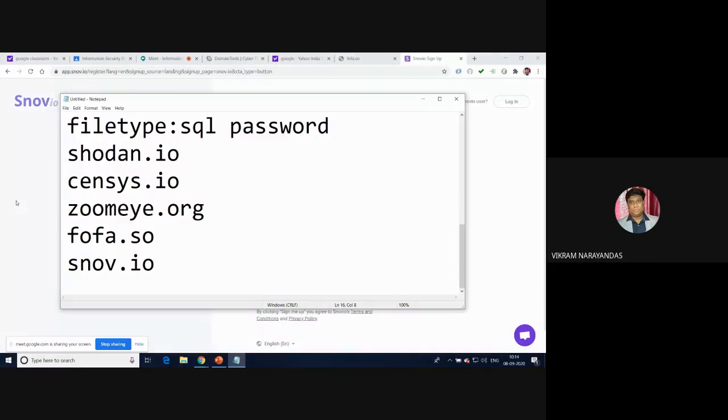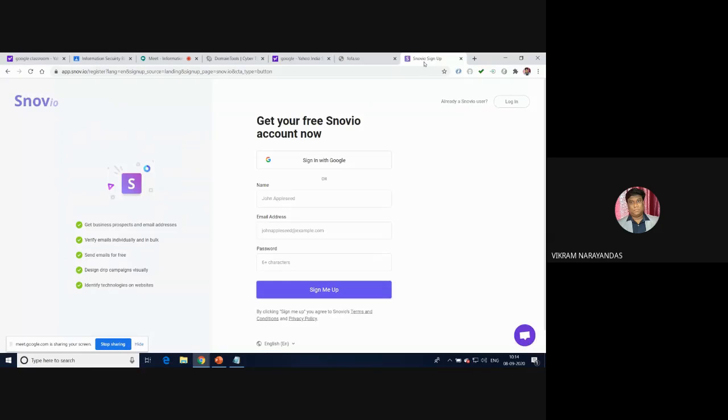For this, if you want to list the people's information, go for this site. You can create your account with Google, sign in with Google. So how many digital marketing experts are there near to you? How many investigation officers are near to me? I can get the information. So just go for this website for people's information.